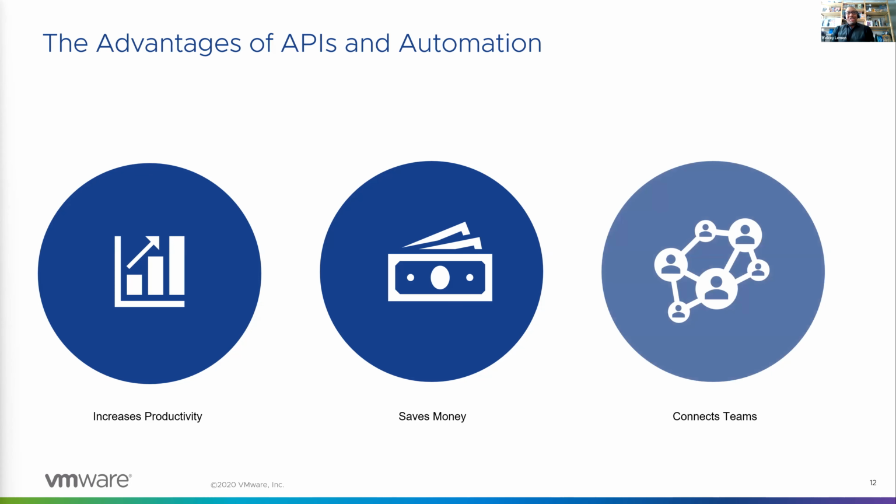And then last but not least, APIs and the automation that they drive can really improve connectivity, collaboration, and communication within an enterprise.